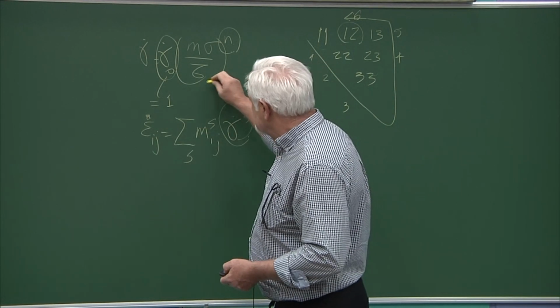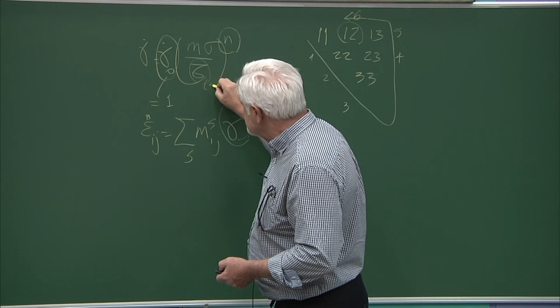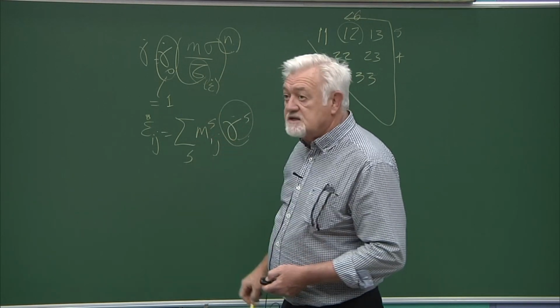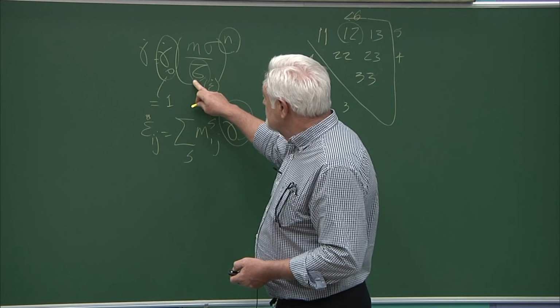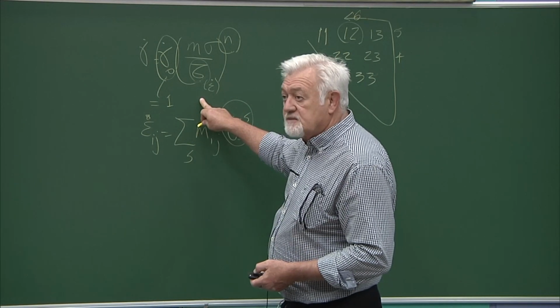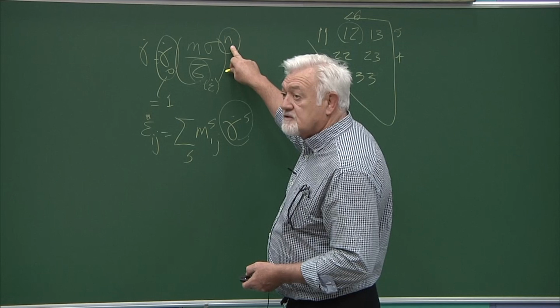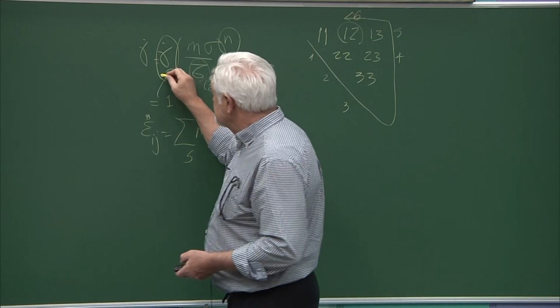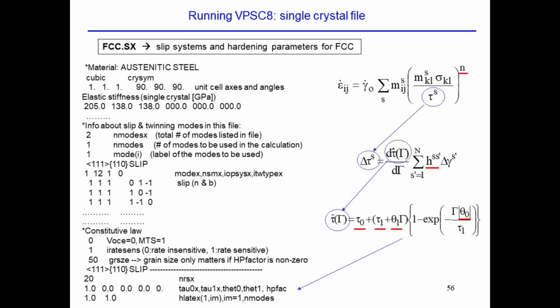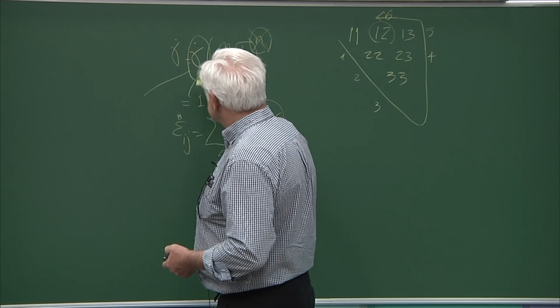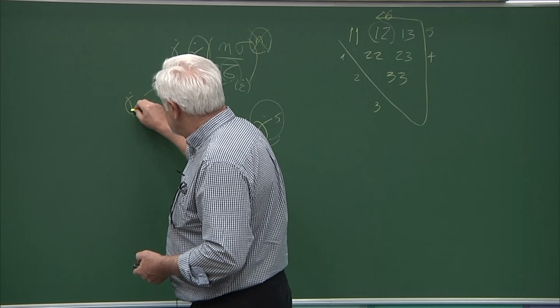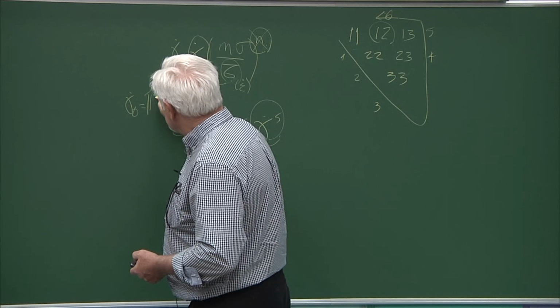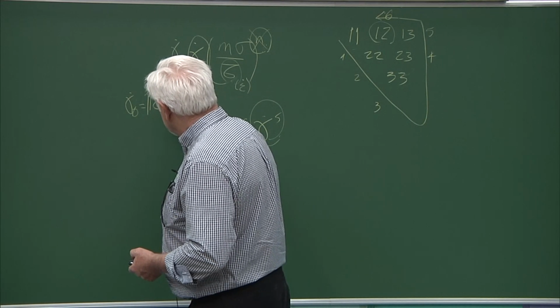But if the strain rate dependence is here in tau, you want that to be the dependence, and not the one that comes from having this power law. So in that case, when you use rate sensitive equals 0, so you don't want the effect of this, the gamma dot 0 gets defined equal to the norm of epsilon dot.